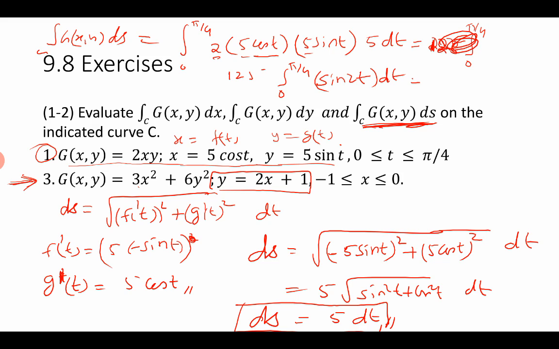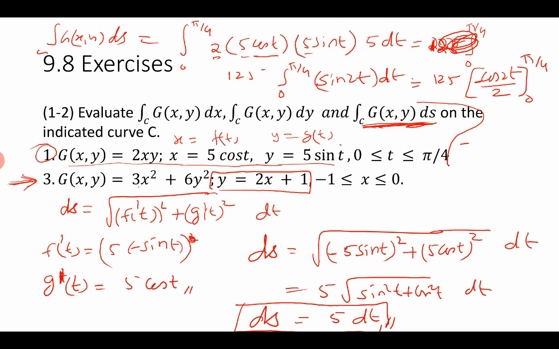Therefore what you end up with is 125 times the integration of sin 2t dt, which is negative cosine 2t over 2, from 0 to pi by 4.